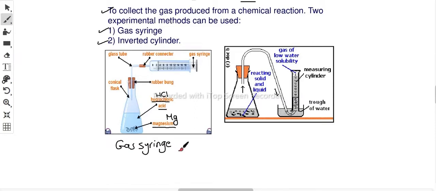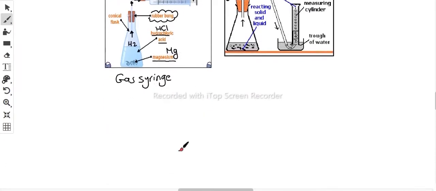So I have my conical flask, connected by a rubber connector, and of course a glass tube as a delivery tube, and here the gas syringe. Now, what will happen? The chemical reaction produces hydrogen gas, so definitely it will start to go into the gas syringe. What will happen to the plunger? It will be pushed.